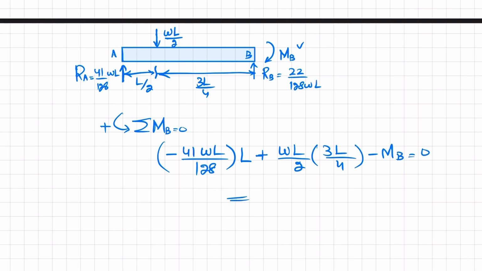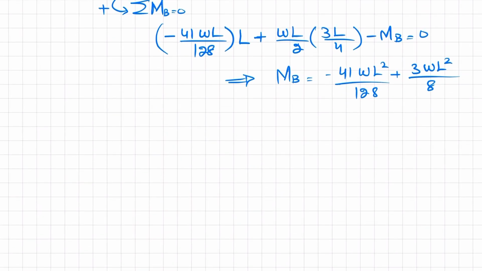So when you solve this, MB will be equal to minus 41 WL square over 128 plus 3WL square over 8. So by solving this, you will get moment about point B is equal to 7 over 128 WL square.